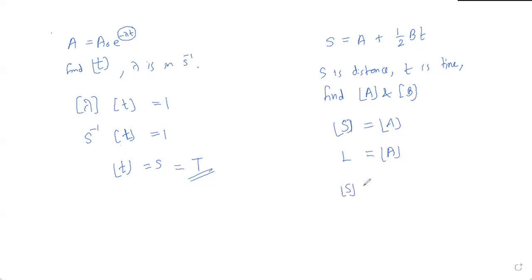Then again, dimensions of S should be equal to dimensions of B into dimensions of T. That's capital T. S is in L, B times T. T goes to the other side, you get LT minus 1 is equal to the dimensions of B. Half is a constant, no? They don't have dimensions or anything.